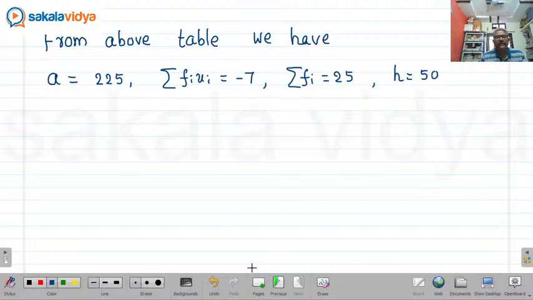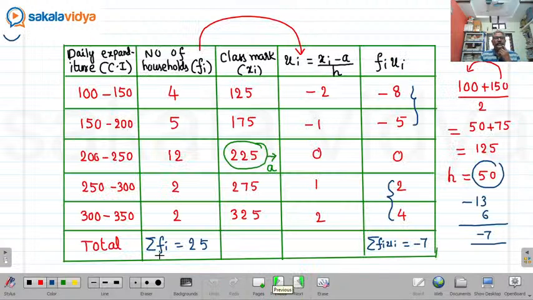Any deviation, just check. Go to the previous page. Sigma Fi Ui is -7, A is 225, sigma Fi is 25, and H is 50.